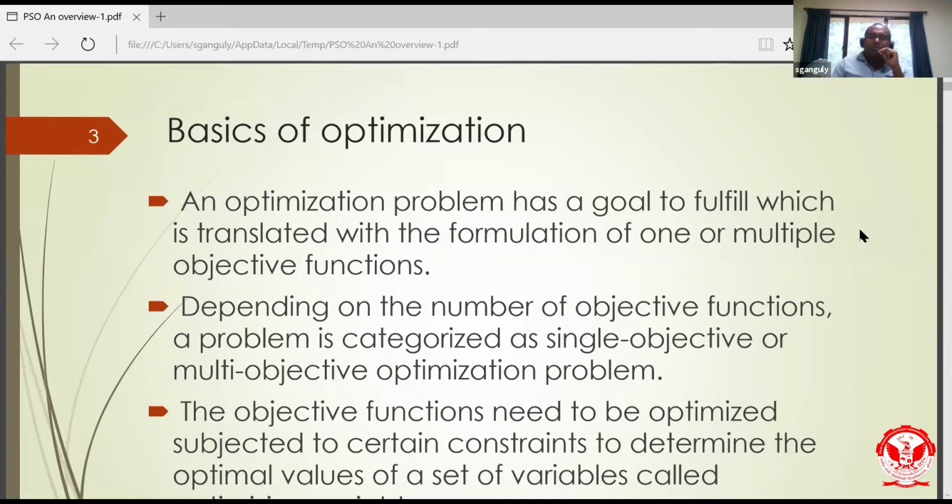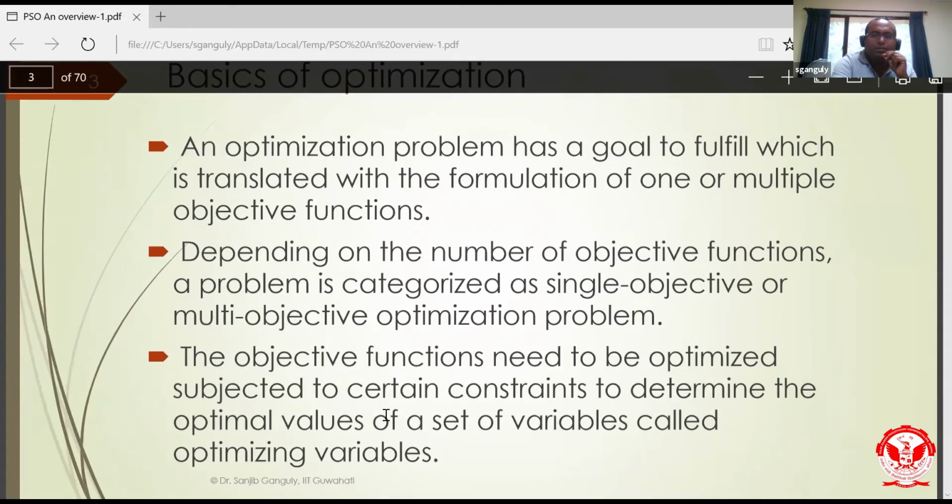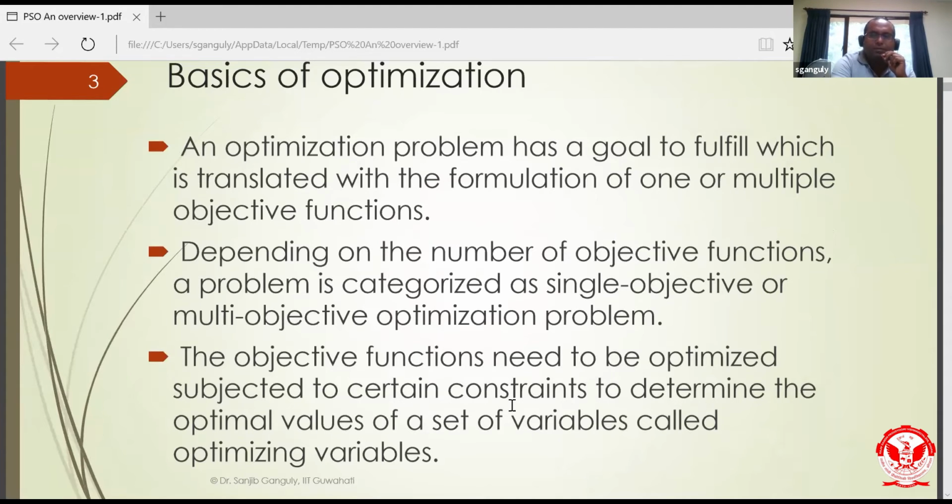Now why do we do so? We do this optimization in order to derive the optimal values of a set of variables. These variables we call optimizing variables.